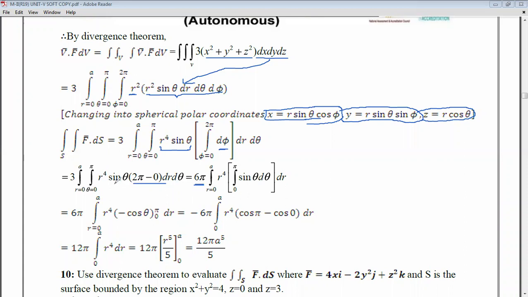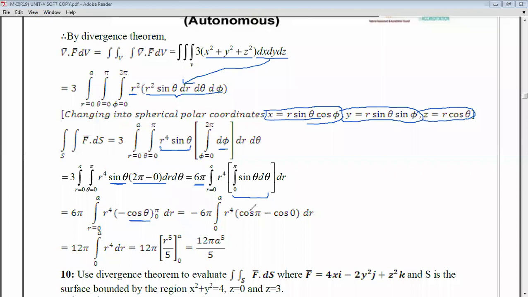And here we need to apply integration for sine theta between the limits 0 to pi. That's why they wrote here integral 0 to pi sine theta d theta dr, with r from 0 to a of r power 4 sine theta. Sine theta integration is minus cos theta between the limits 0 to pi.